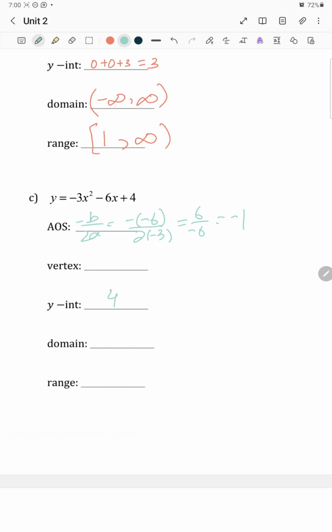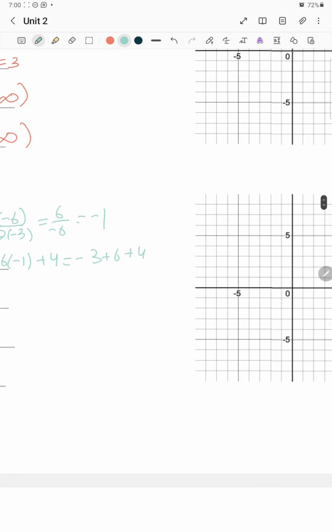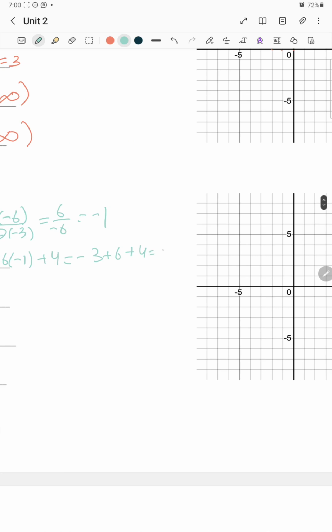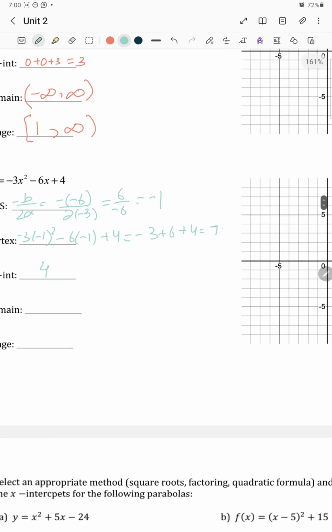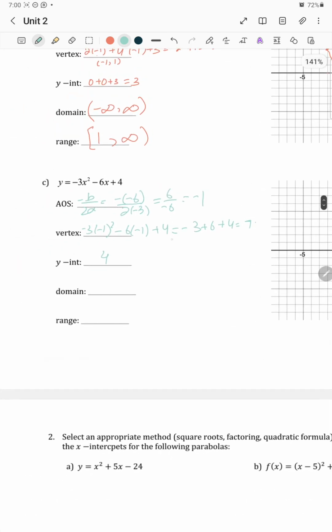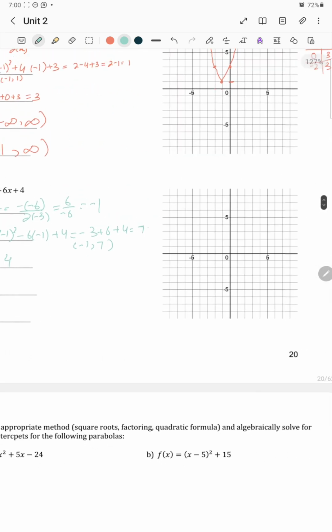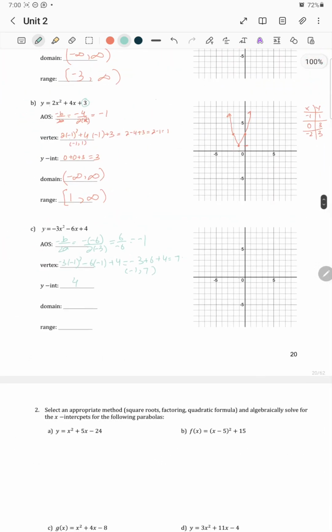So it's again -1, and putting -1 in, -6 times -1 squared plus 4, and -1 squared is +1, so it's going to be -3 plus 6 plus 4, which is equal to 3 plus 4, 7. So the vertex is going to be (-1, 7). Okay, so let's go with (-1, 7).